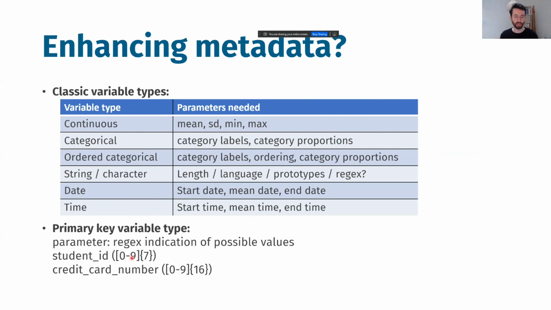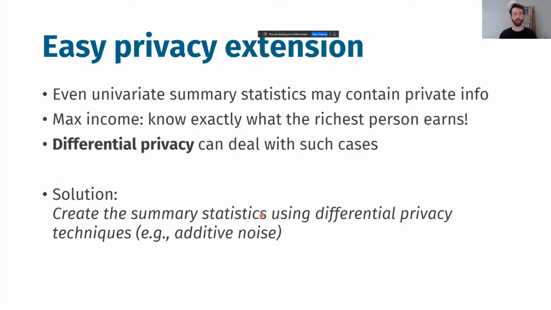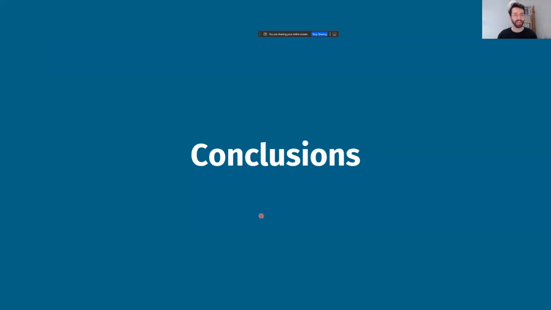For example, the student ID is 7 numbers between 0 and 9. Credit card number is 16 numbers between 0 and 9. So that's something you want to do. What you could even do is generate summary statistics in a differentially private way. But I think I'm running out of time, so I'm going to skip this. If you're interested in this, by all means, talk to me.